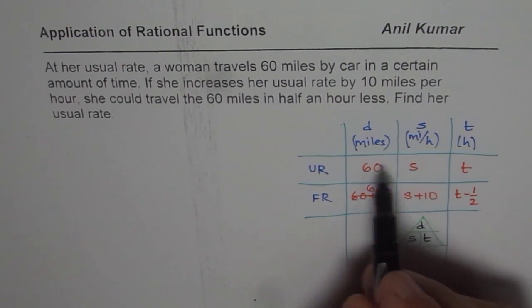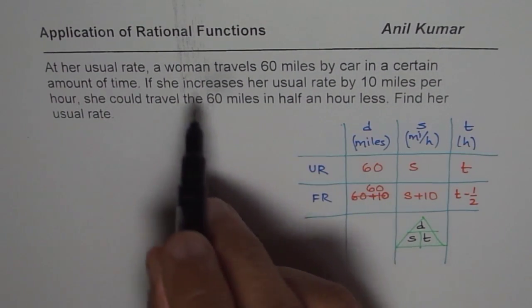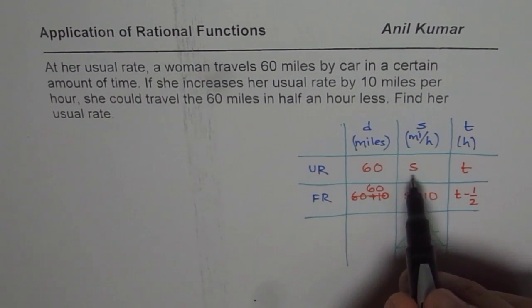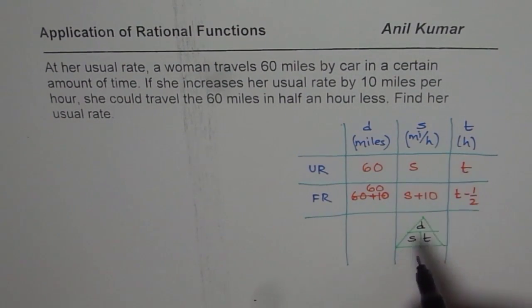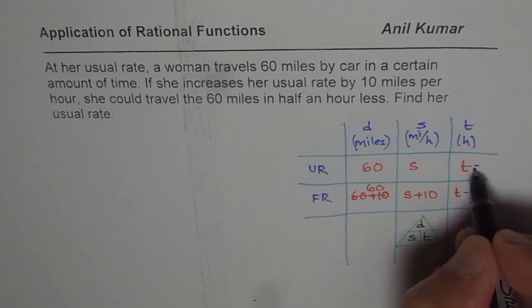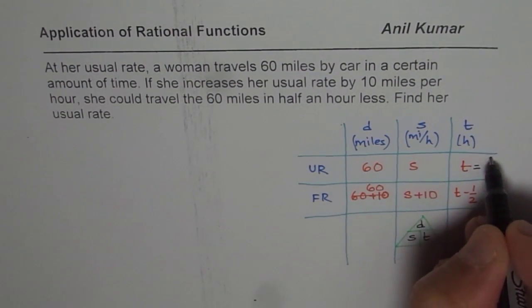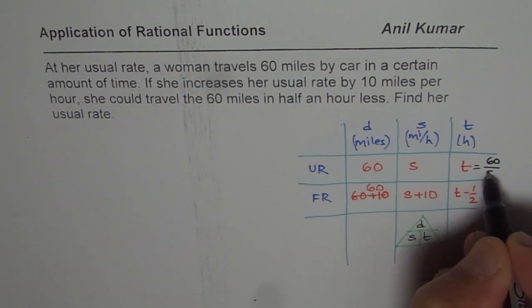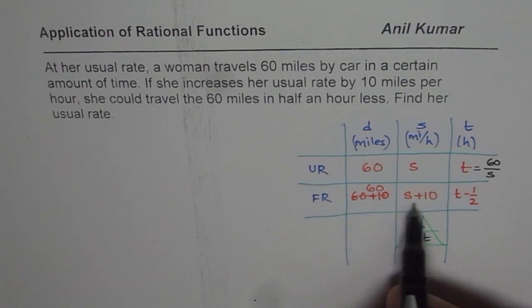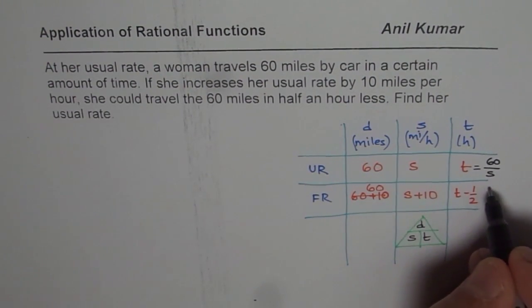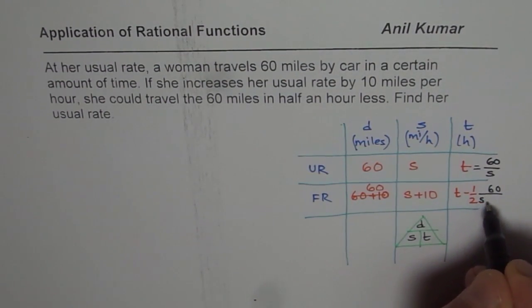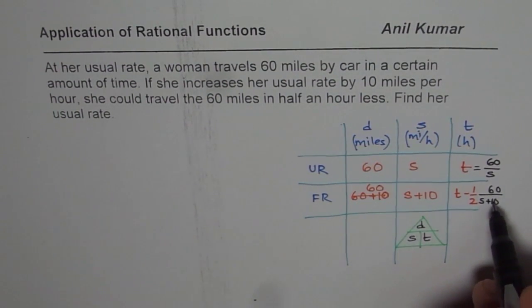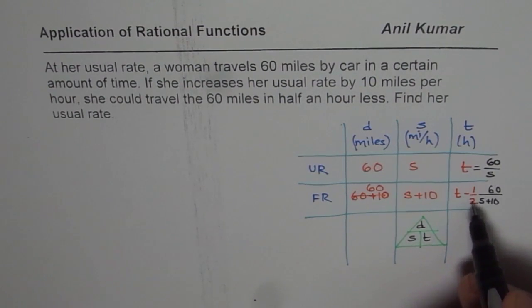So we'll see how much time this woman will take to travel with the usual rate. Time will be distance divided by speed, right? So that time is equal to 60 divided by s. And if the speed is higher, this time will be 60 divided by s plus 10. And the difference between these two times is half an hour.